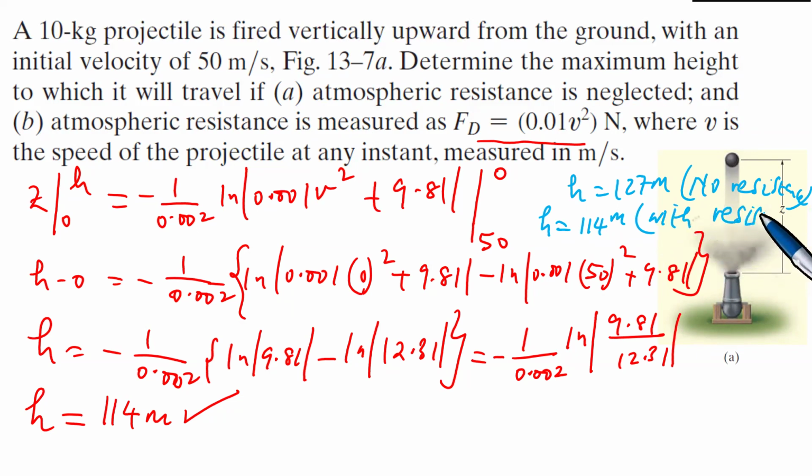Resistance slows it down and reduces the height, because it's only 114 meters if there is atmospheric resistance, and the ball does not go so high. But if you remove atmospheric resistance, this object will go very, very high. We continue as follows.